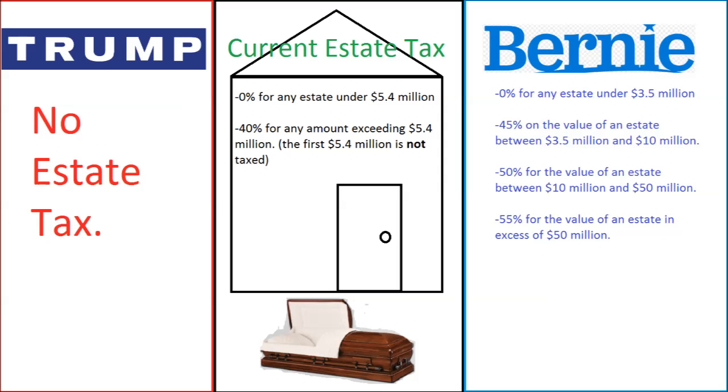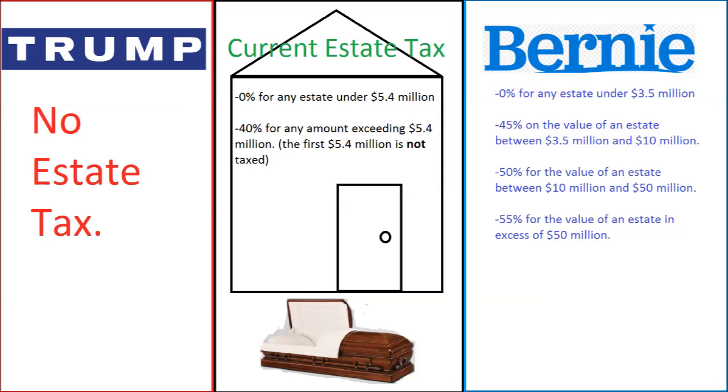As you can imagine, Donald Trump and Bernie Sanders have two very different ideas on how to handle the estate tax. Bernie Sanders would like to introduce a bracket system. He wants to change that minimum exemption value from $5.4 million to $3.5 million.